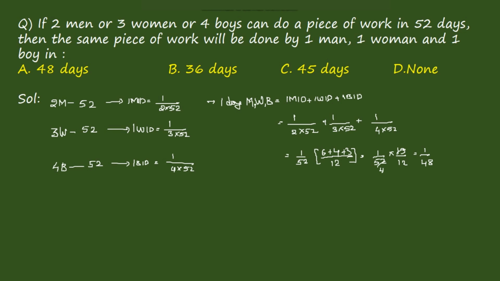So 1 day work of man, woman and a boy is 1 by 48, and the number of days required for completion of work is nothing but 48 days. So the number of days required for completion of work by 1 man, 1 woman and 1 boy is 48 days.